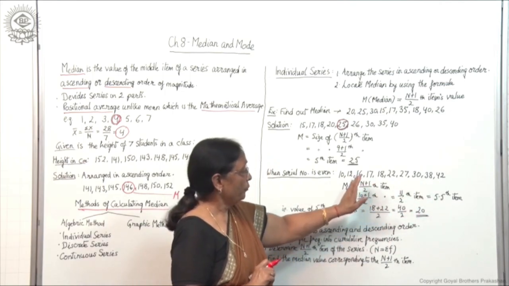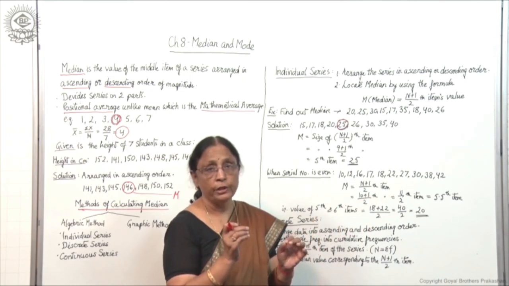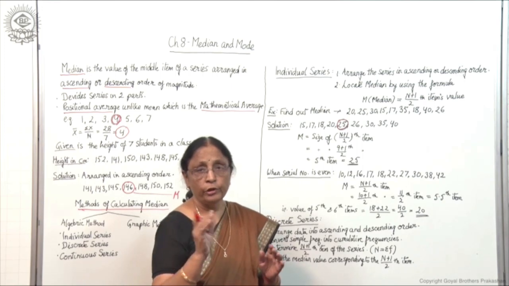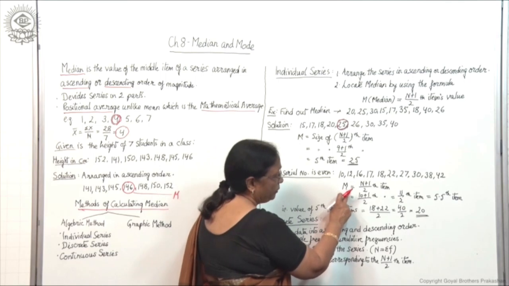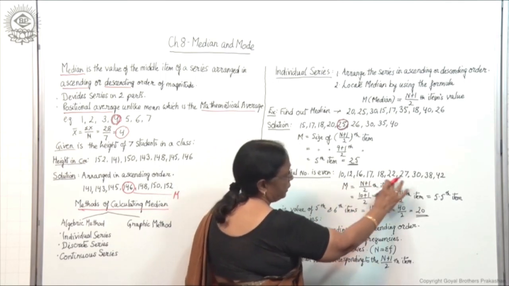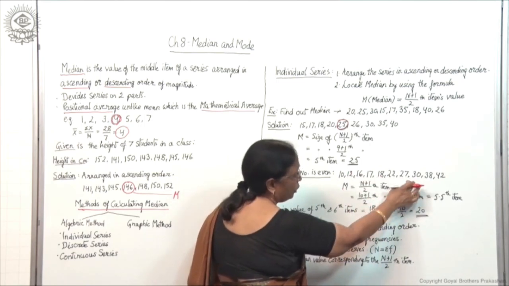Now what to do? When they are 10 in number, then you cannot locate the central position or central value, because you cannot divide it into two equal parts. So in this way, here M is equal to (n plus 1) upon 2 th item. This is the arranged data, so I have not changed the data again. This is already arranged in the ascending order.